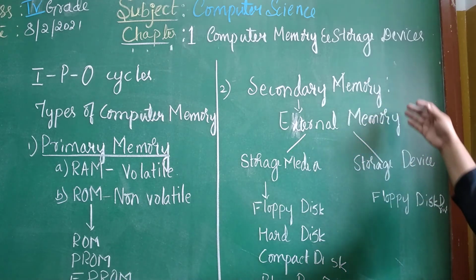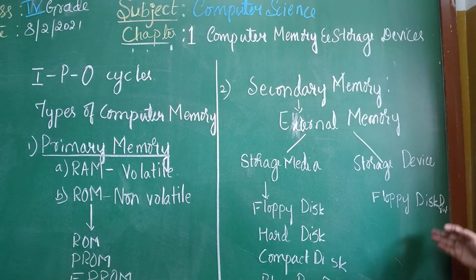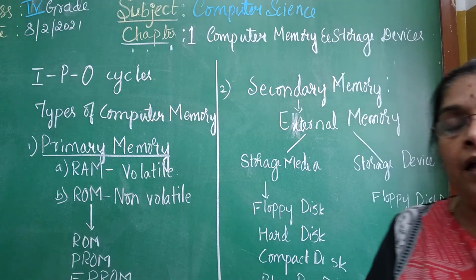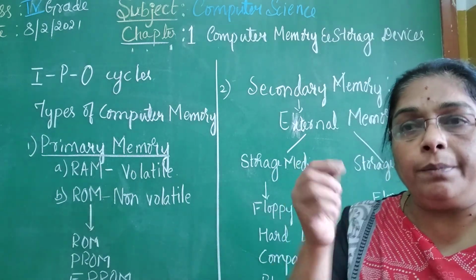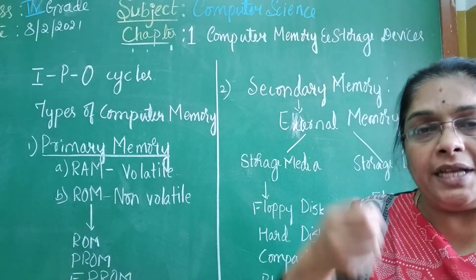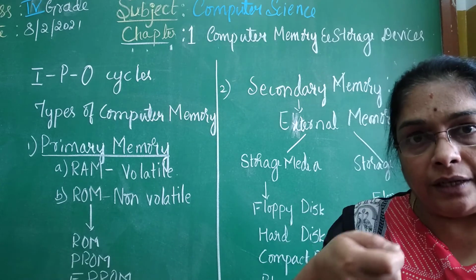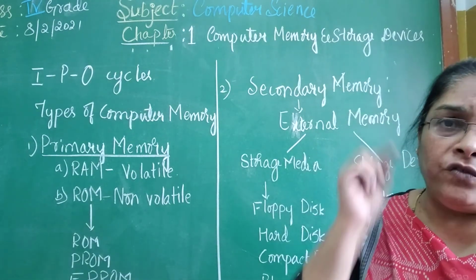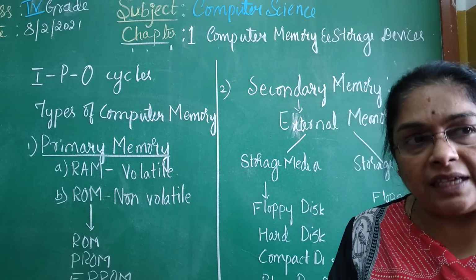These are the storage media, and these are the devices. Nowadays another important device has come, that is the memory chip. You insert it into the CPU and store data. It is a very small device where you can store thousands of KB of data.